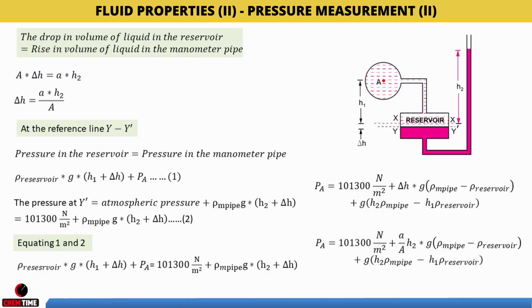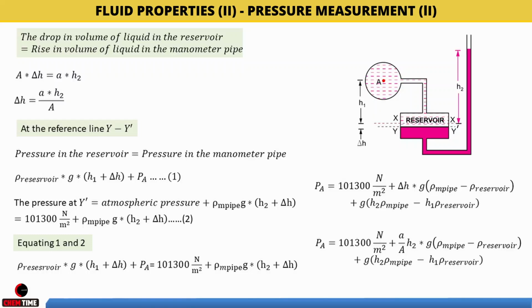So that is capital A into delta H equals small a into H2, where delta H is the drop in level of the liquid in the reservoir and H2 is the height of the liquid in the smaller pipe, and capital A and small a are the area of the reservoir and the area of the pipe respectively. As a result, delta H will be equal to a by A into H2.